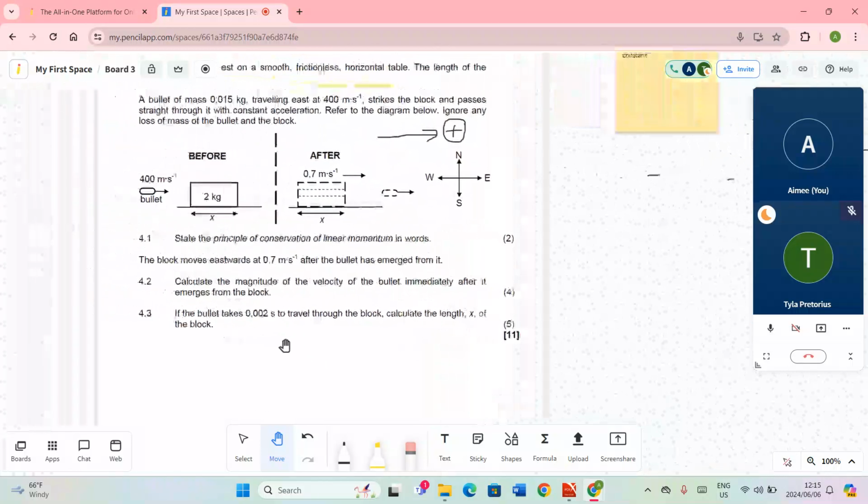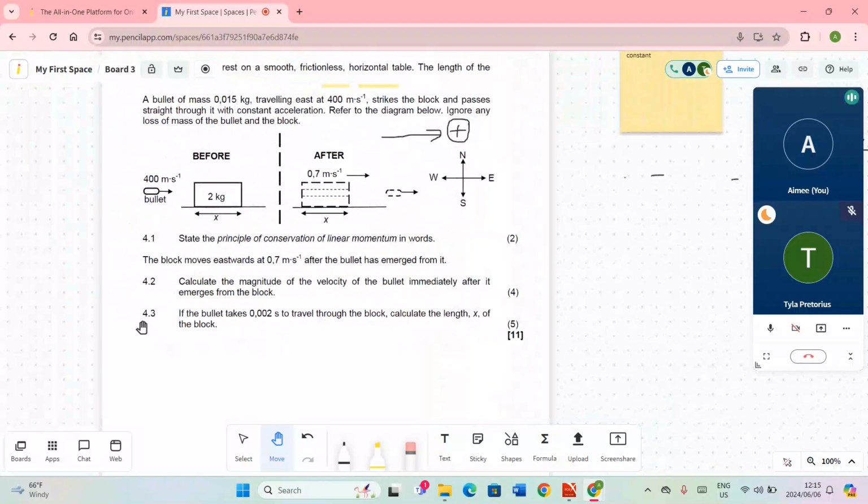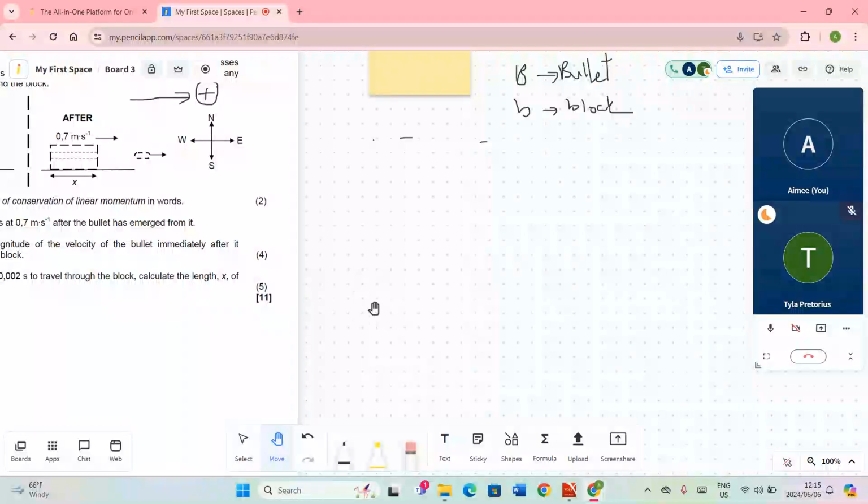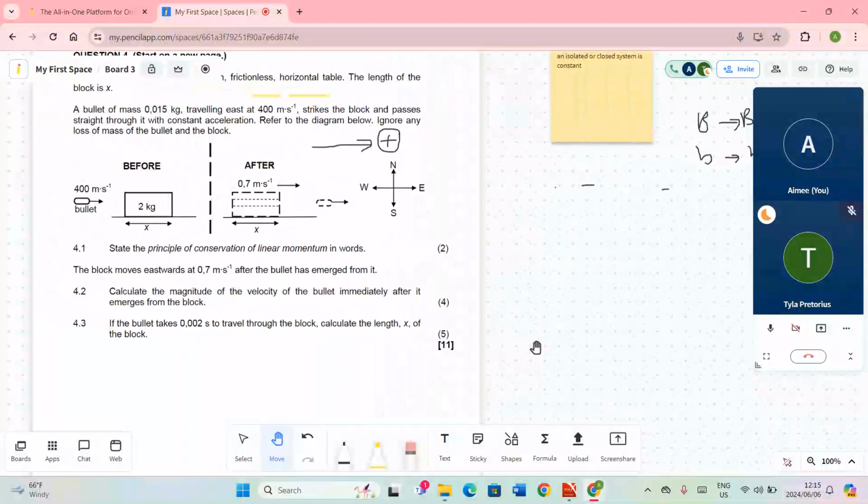Now, the last question for question 4 is 4.3. If the bullet takes 0.02 seconds to travel through the block, calculate the length x of the block. Once again, we're still working with the conservation of linear momentum.